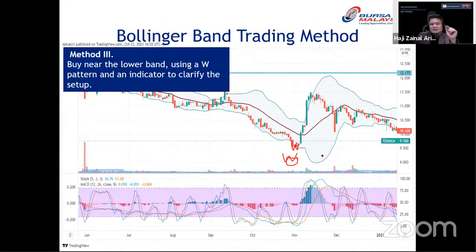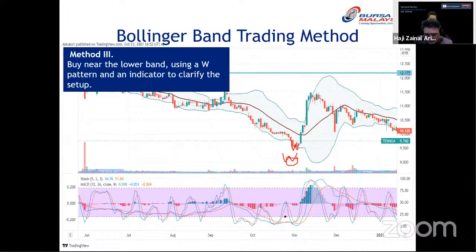And you have to use an indicator to determine whether it is really a reversal or not. So you can see here there is a reversal. There are two indicators here. You can use one, you can use two, it's up to you. Or you can use RSI, but in this example, I use stochastic and also MACD.